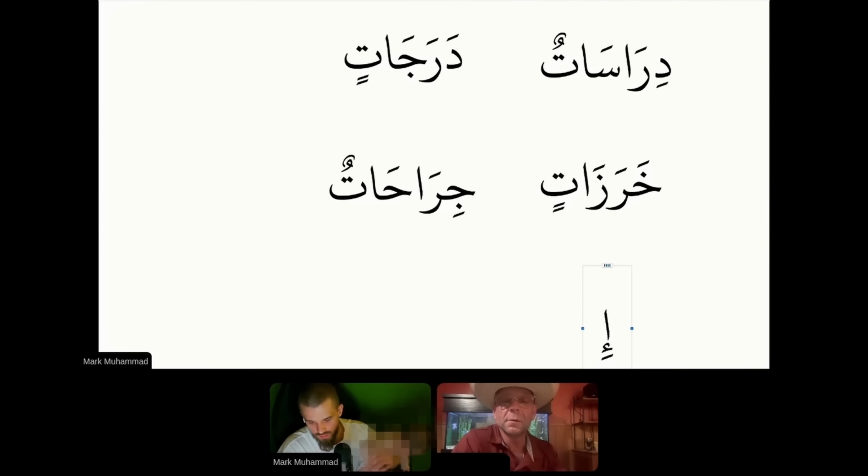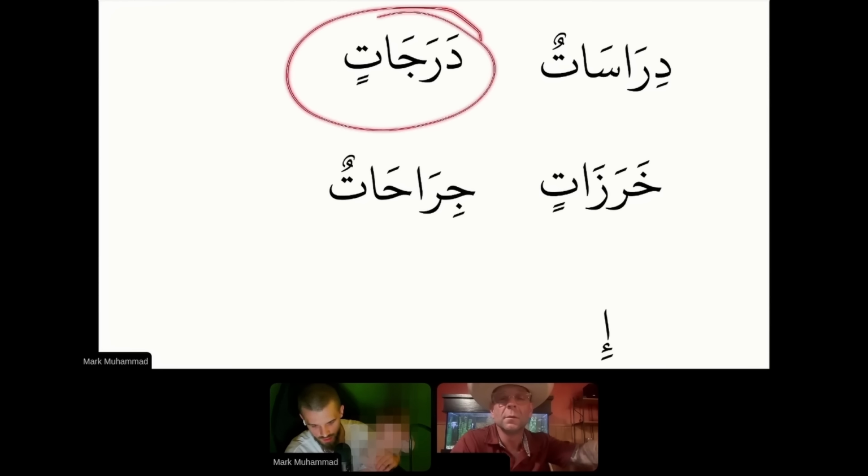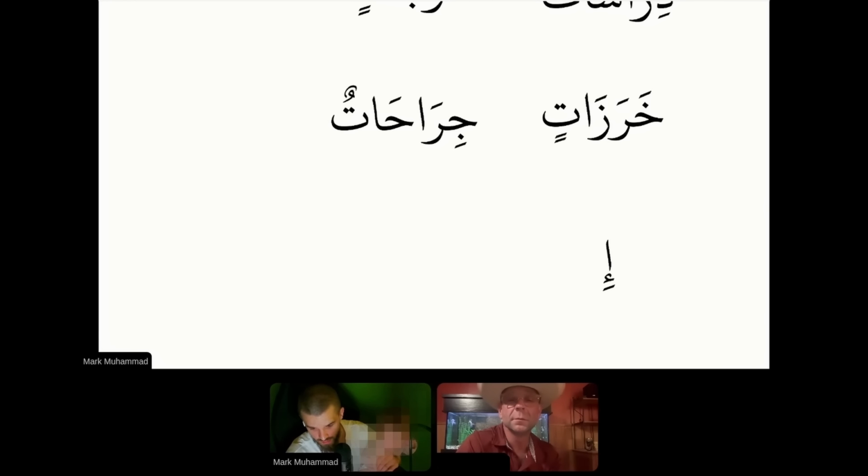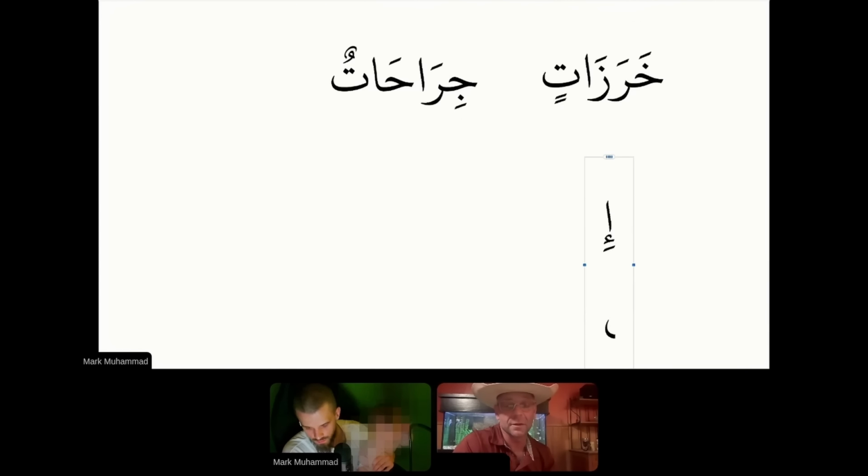So for example, darajatun, this one here, as far as I know, means degrees or levels. Just a piece of random information for you. Did you know in Arabic they have male and female? I did not. I know in German you have masculine, feminine, and neuter.